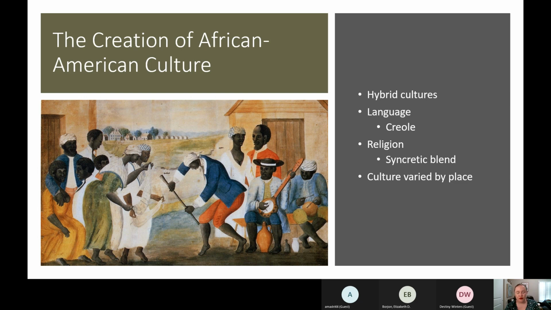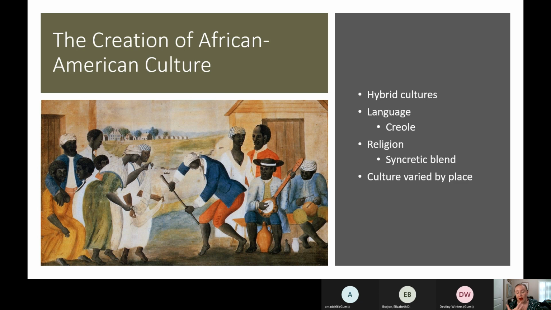Agency means power. So the choices that you make, you have power over. So for an African to choose to escape, that's a very risky decision, right? To run away. But at the same time, it's still a decision to decide not to run away, right? That's a choice that you're making. So that's an example of what we call agency.